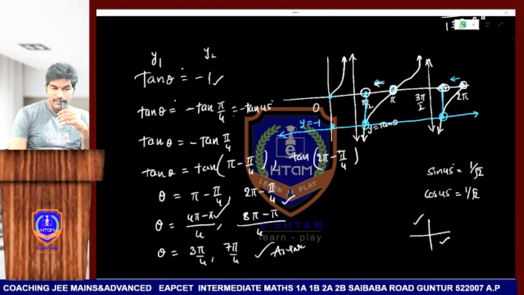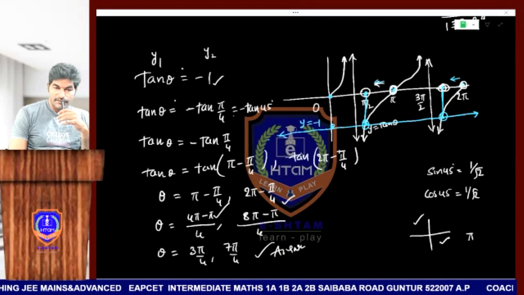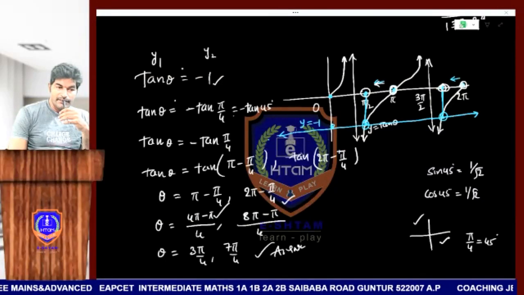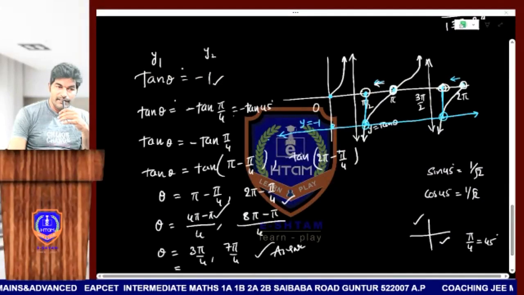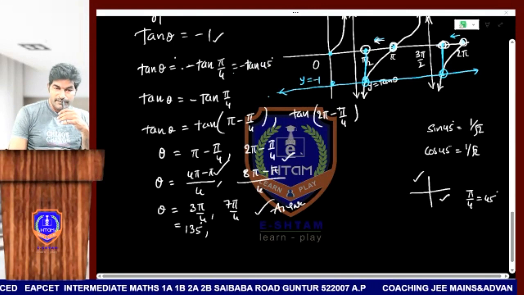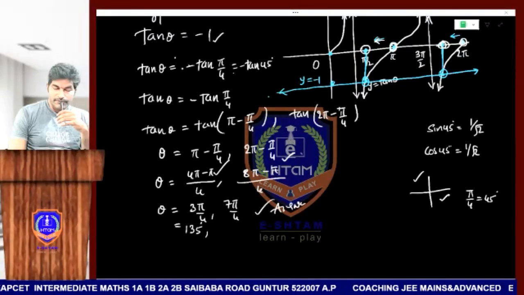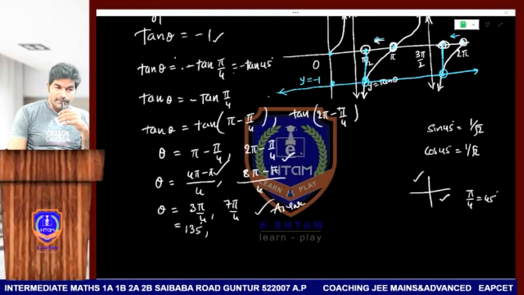If you want the numerical value, then replace pi by 4 with 45 degrees, and by multiplying with 3, we'll get that particular degree. 3 times 45 is how much? 135 degrees is one value. 7 times 45 is how much? 7 fives are 35, 7 fours are 28, 28 and 3 is 31, so 315 degrees.